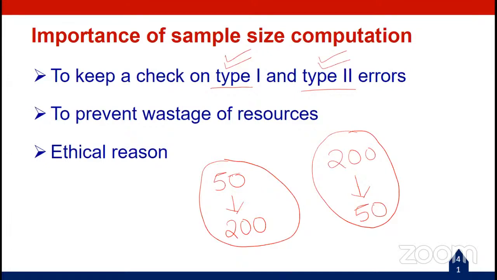If you select too many than required, you are more likely to commit type 1 error. If you select too few than required, you are more likely to commit type 2 error. So for this reason, to keep a check on type 1 and type 2 errors, we are required to compute the sample size.